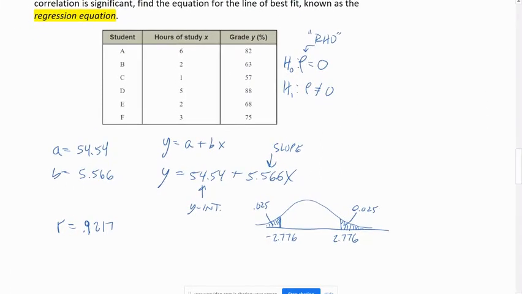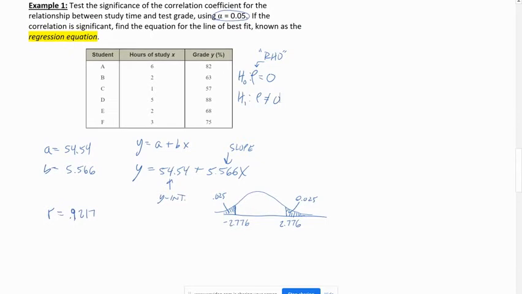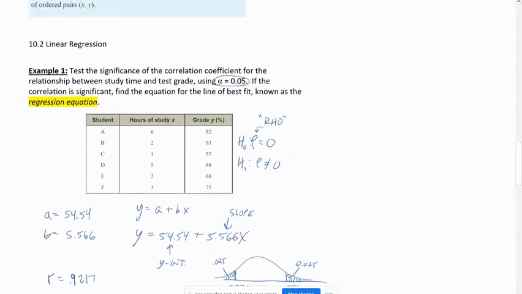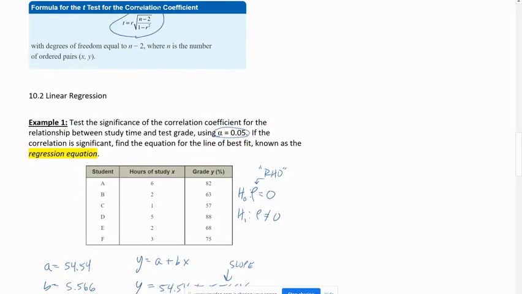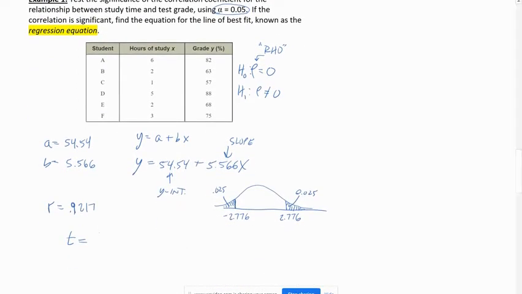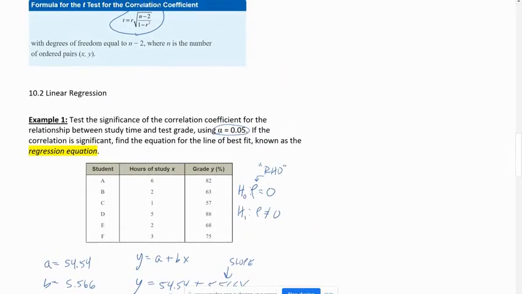Okay, so now we can calculate the t value a couple of different ways. I can use t equals, using the formula that I mentioned up above. We know our R value is 0.9217, and then it's the square root of n minus 2.